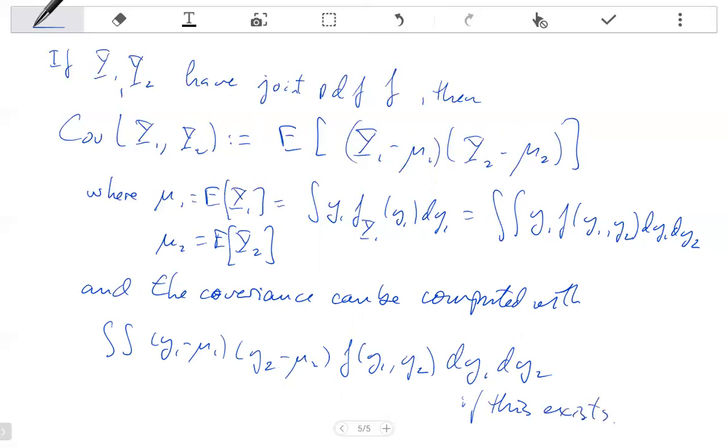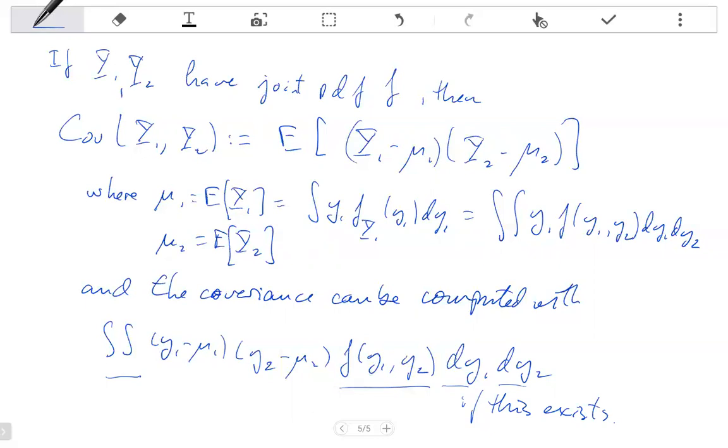It's important to notice here that if y1 and y2 are independent random variables, then this density factors into the product of the two densities, and then the entire integral factors into the product of two integrals. And they're both zero, because the integral of y1 minus mu1 times f of y1 dy1 is just the expected value of y1 minus mu1, which is equal to 0.